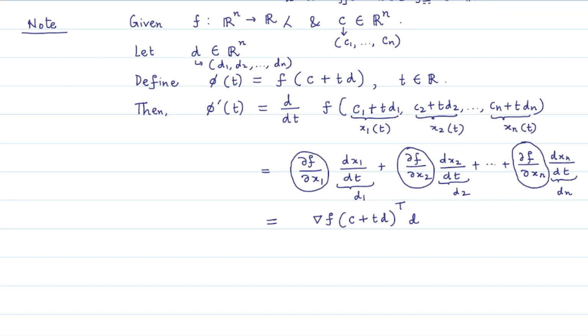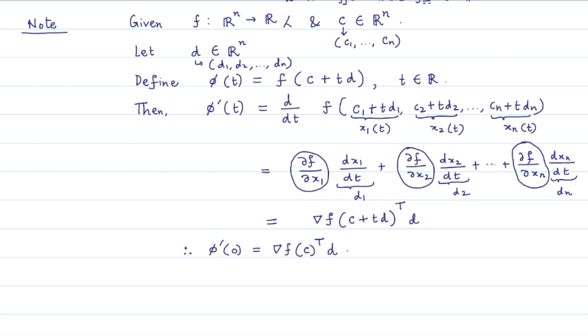In particular, if we take t equal to 0, we get phi dash 0 is equal to the gradient of the function at c dot product with the direction d.